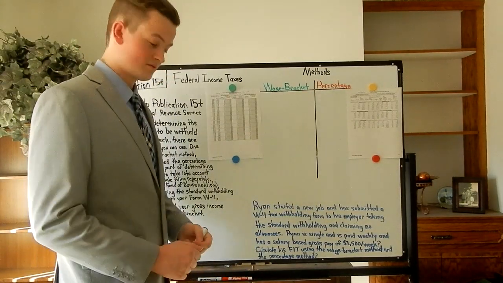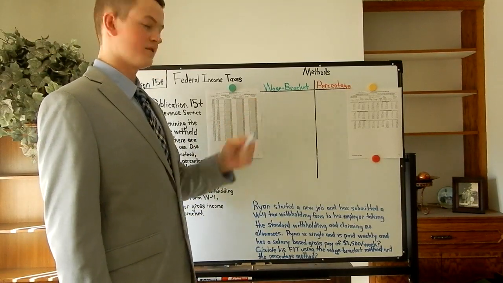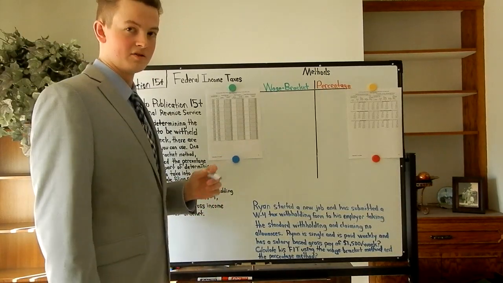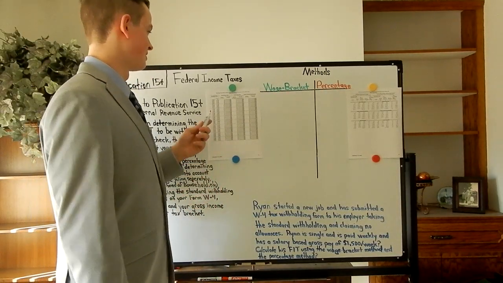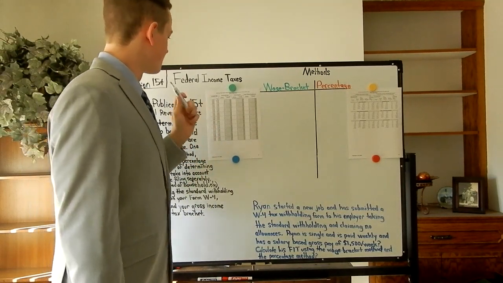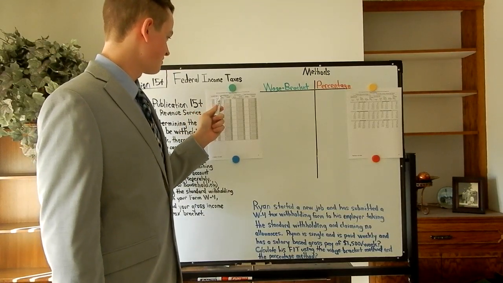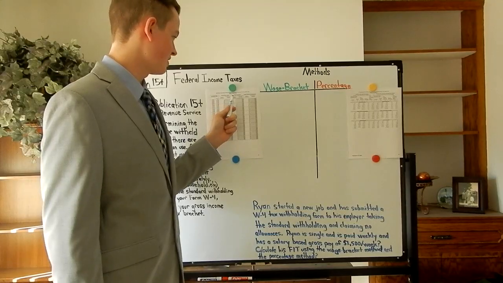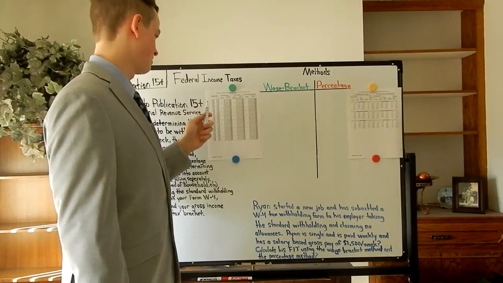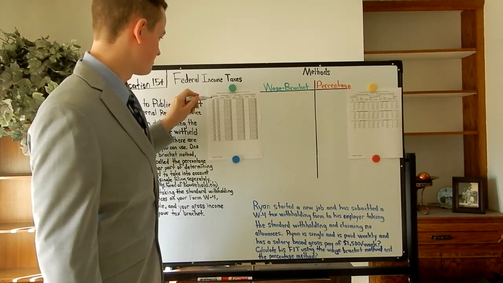So that being said, drop the marker. We'll start off with the wage bracket method. Firstly, you have your filing status right here: married filing jointly, head of household, or single or married filing separately. And then your wage amount.